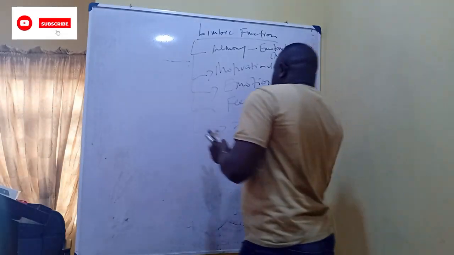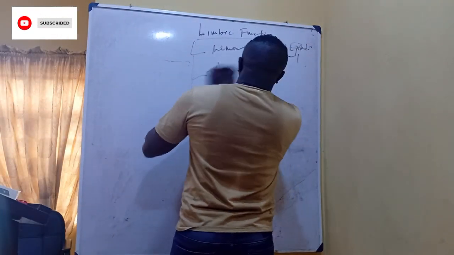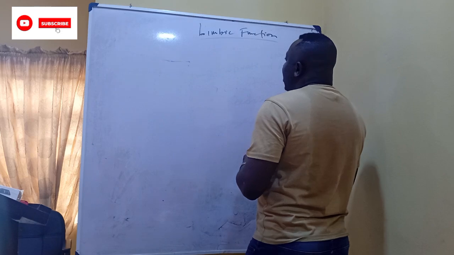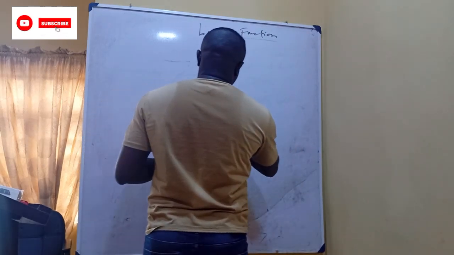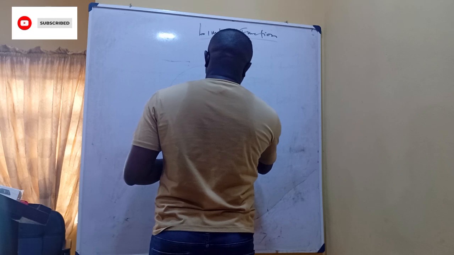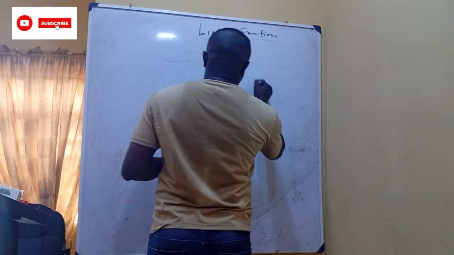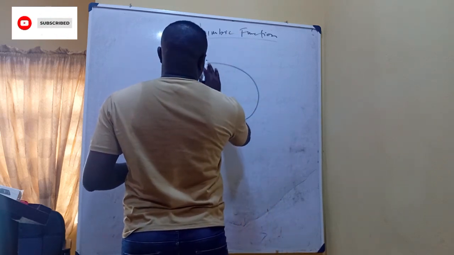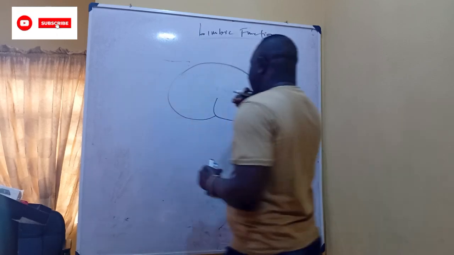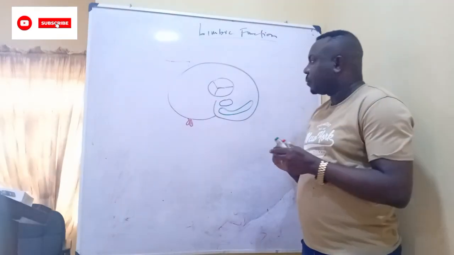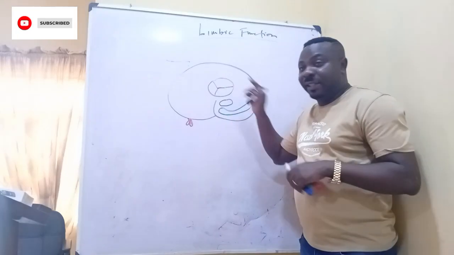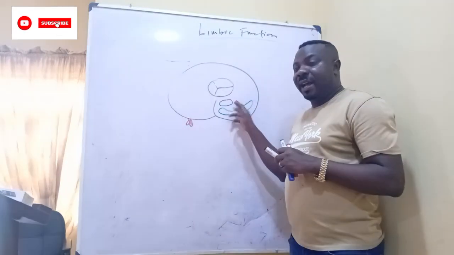Now, let's dive into this. Can you see this? Good. These are thalamus, right? This is amygdala.